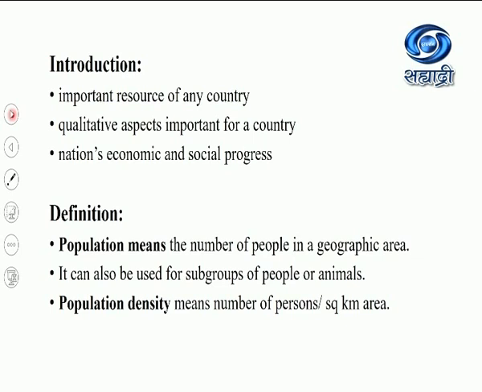Survival here means people are performing the various activities also like the primary, secondary, tertiary, quaternary, etc. So along with all the activities performed, how many people can live in 1 square kilometer area defines the population density of that particular country.